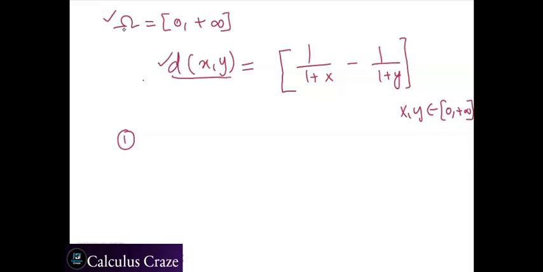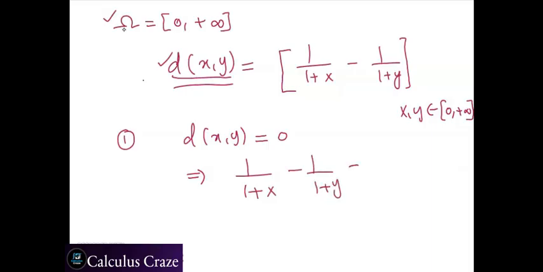So this is a metric space and this is a metric. We will verify that this satisfies the three axioms. The first one, let's check this. If the metric is 0, then 1 upon 1 plus x minus 1 upon 1 plus y is 0. This will give you 1 upon 1 plus x equal to 1 upon 1 plus y.